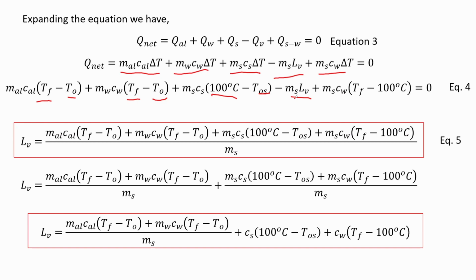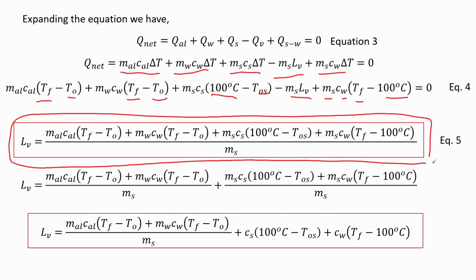Then upon the transformation, we convert the steam into water, so we have to use the specific heat of water now to move from 100 degrees to the final temperature, and these are all equal to 0. Now rewriting the expression, we arrive at this term here. You can also simplify this further by taking these two parameters, this one, and dividing by ms. And you arrive at this expression here.